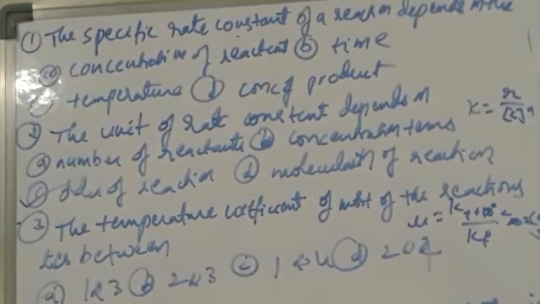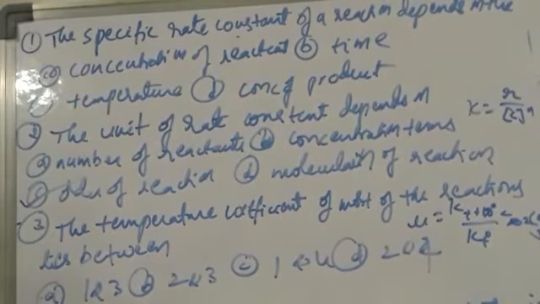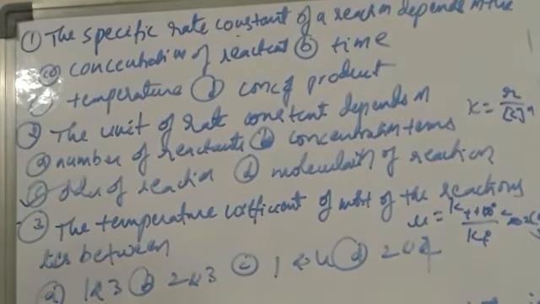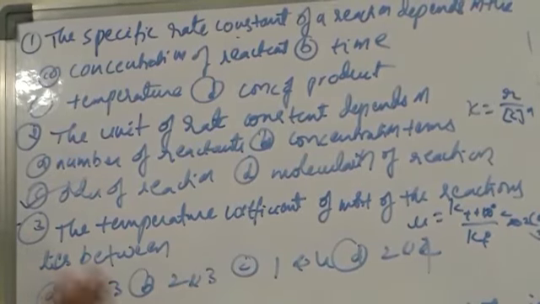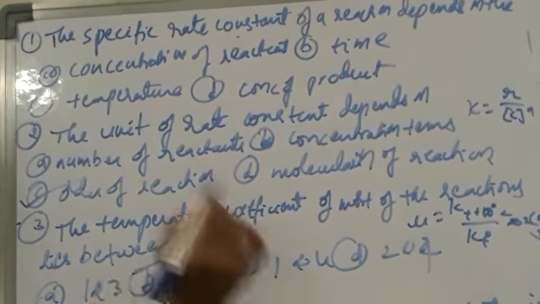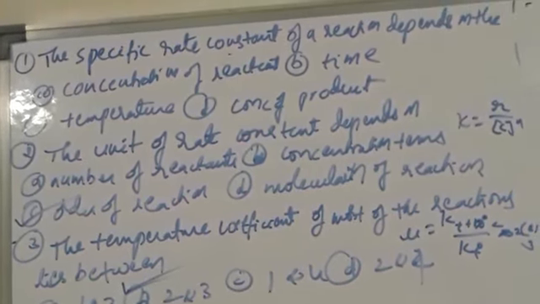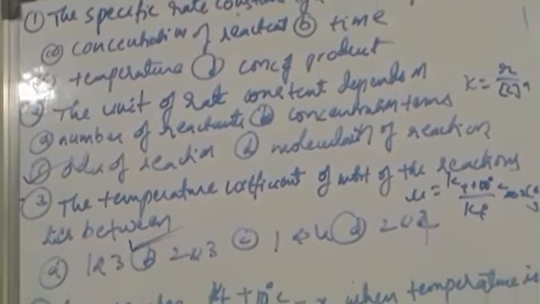So the rate of the reaction becomes double for every 10 degrees rise of the temperature. That's why it lies between 2 and 3. Mostly 2, and for some reactions it may be 3.